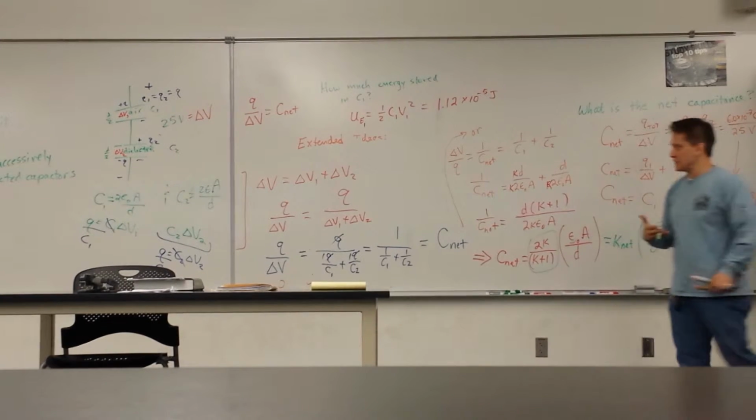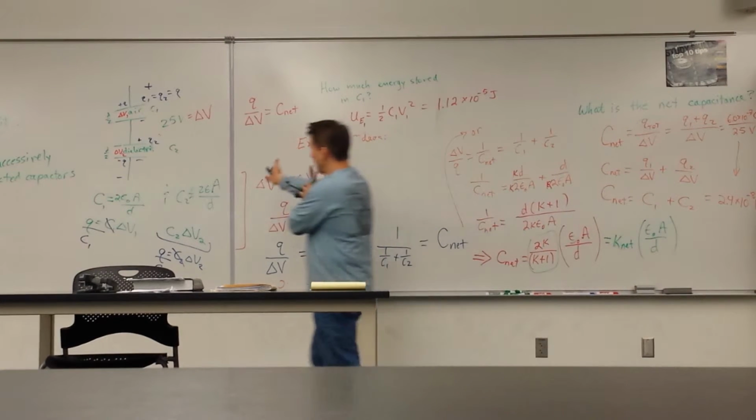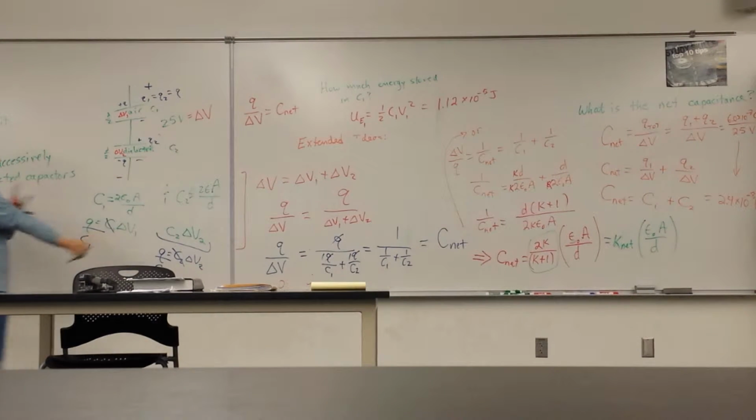So this type of capacitive arrangement still looks like a regular parallel plate capacitor. The difference is you can summarize everything inside of here as a single quantity, at least for a parallel plate capacitor.